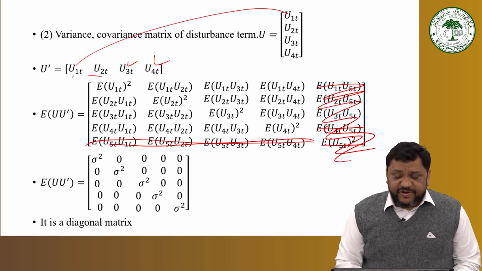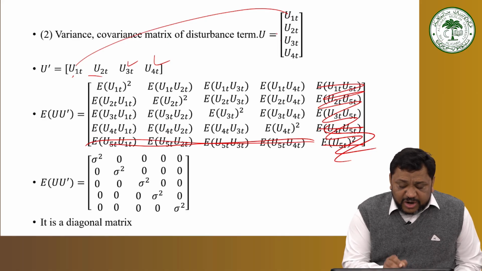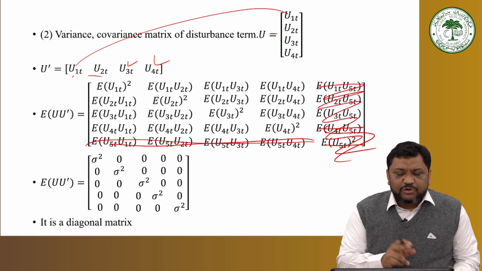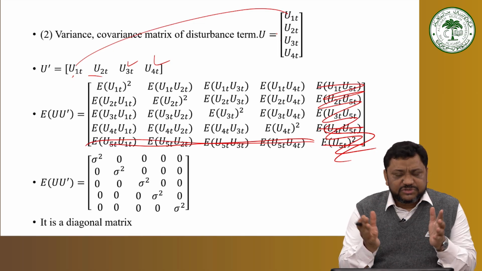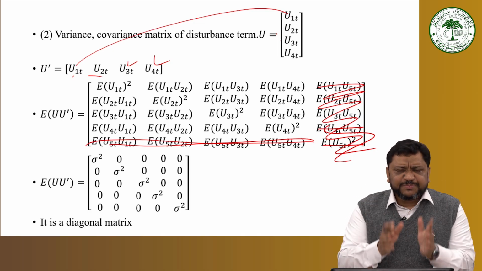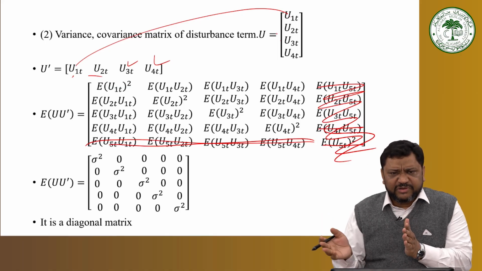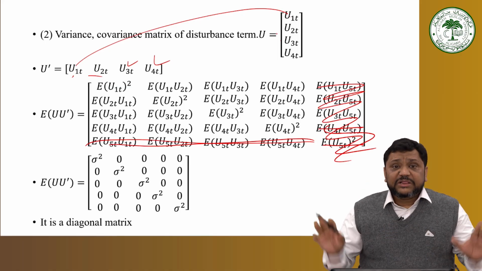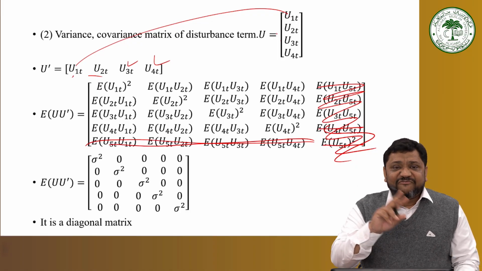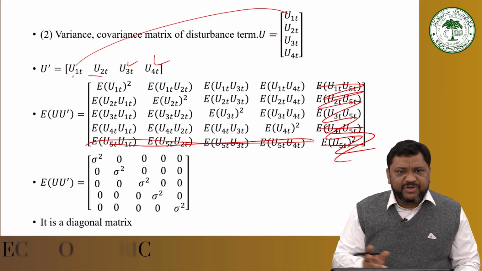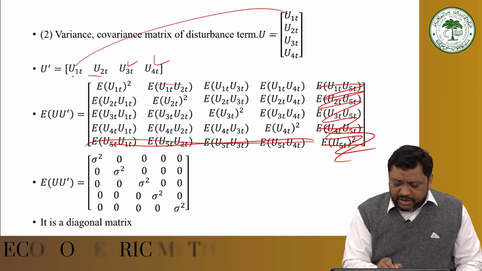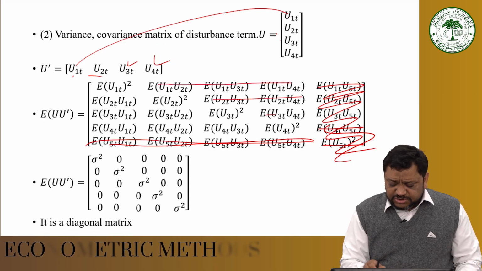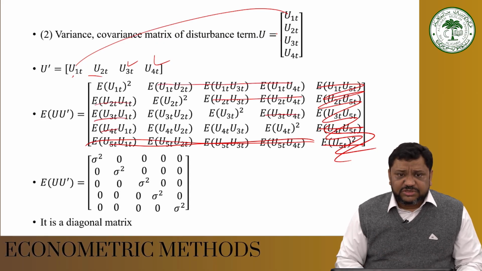Now what we find is that the expected value of U1t, U2t, the two error terms, is 0. U1t, U3t, the expected value of one error with the error of another period, by assumption is 0. So all the terms involving errors from different time periods are 0.